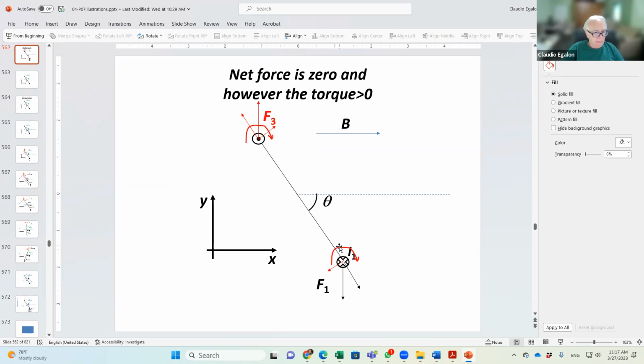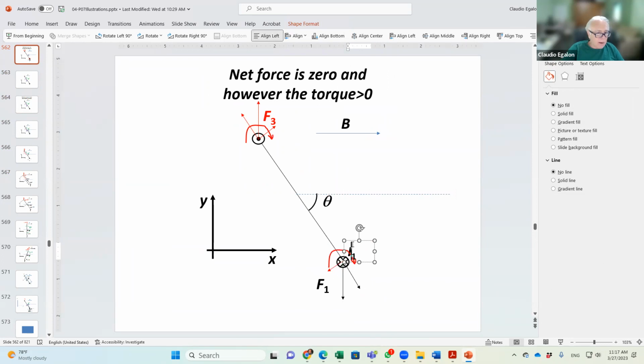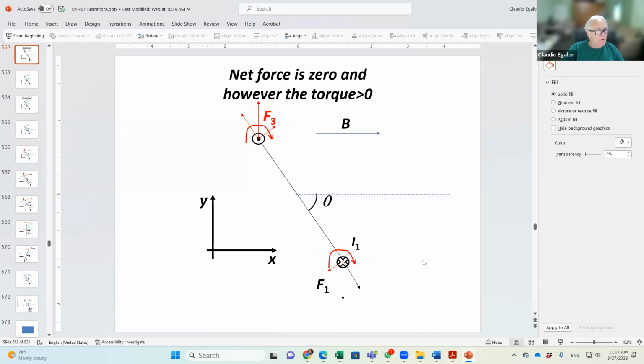Okay. Both forces produce a torque in the same direction, even though the net force is 0, the net torque is not 0. Okay.